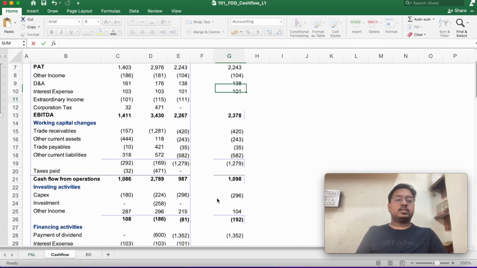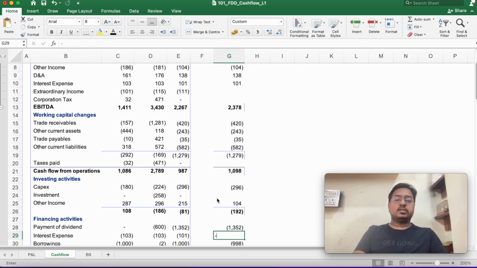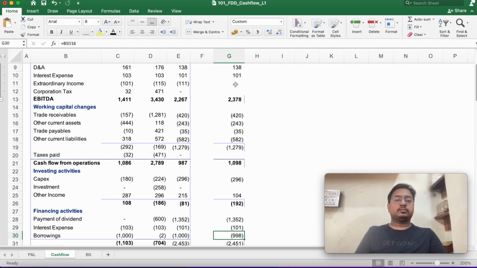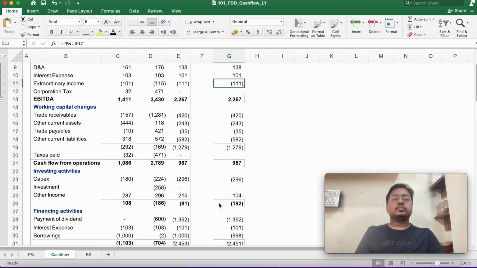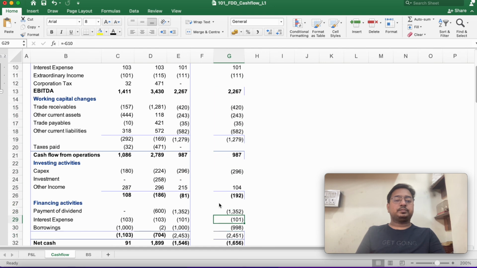Make sure you're reversing because there is a high possibility that you forget to reverse the signs. I'll reverse this extraordinary item here in the other income.